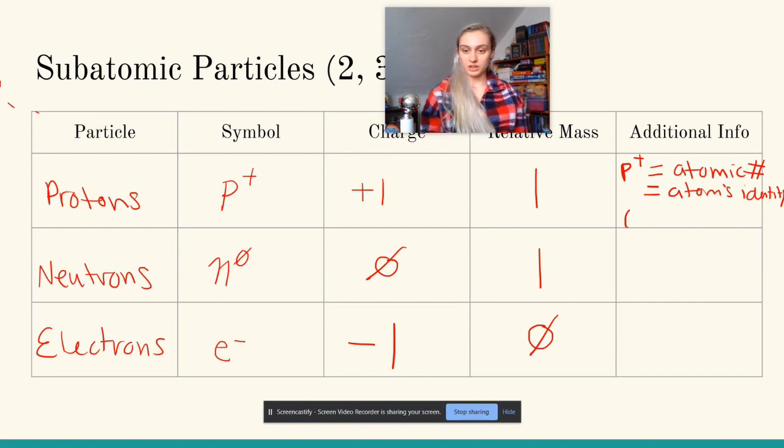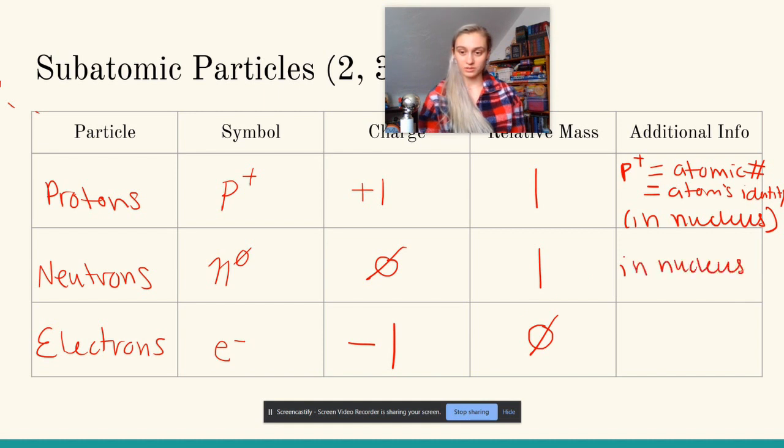And then I'm going to put down here, in the nucleus, just so we know where it is. Neutrons, not a whole lot to say about them, except they're in the nucleus. Electrons. So I'm going to say this.